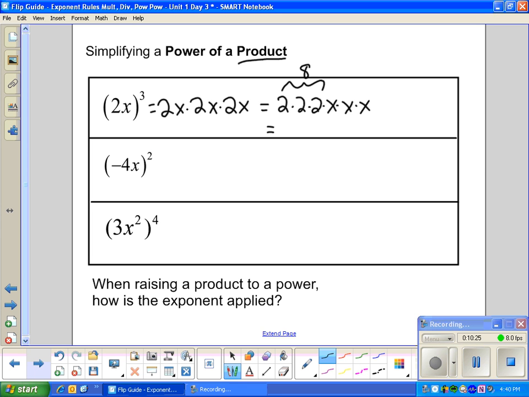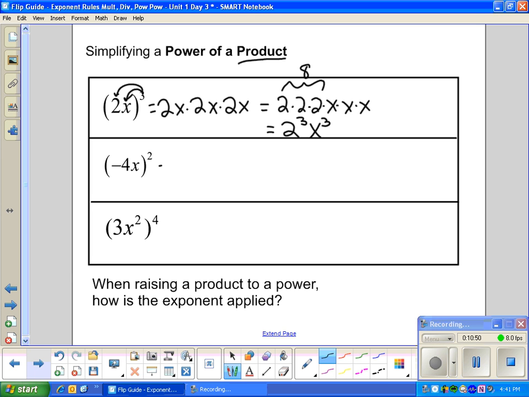So I'm going to rewrite this as 2 to the third power times x to the third power. What I want you to see is that I basically applied this power to each of the factors of my product. It became 2 to the third power times x to the third power.